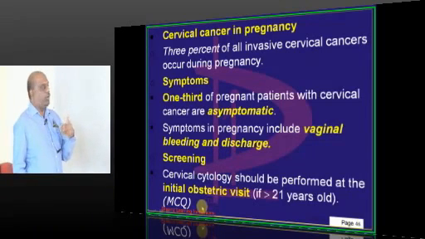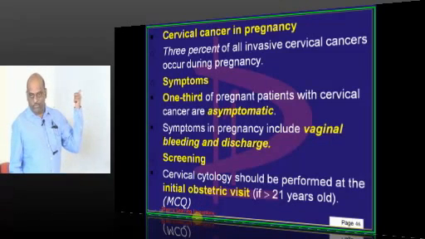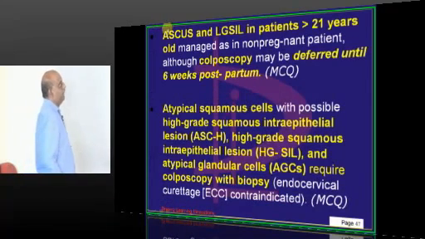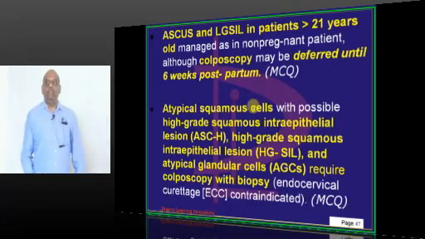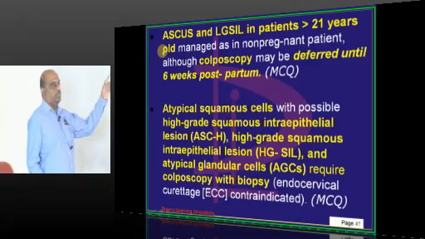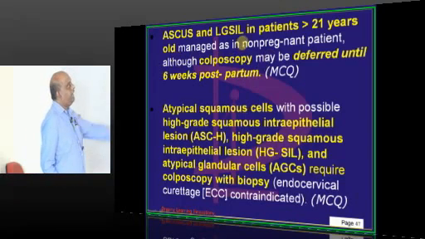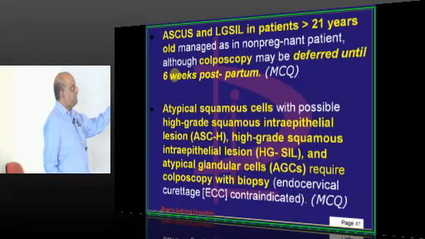Typically if the patient is more than 21 years old, then you need to do cervical cytology. Just before, we discussed the recommendations on when to do a pap smear. If it is a low grade squamous lesion and the patient's age is more than 21 years, she should be managed like a non-pregnant patient.